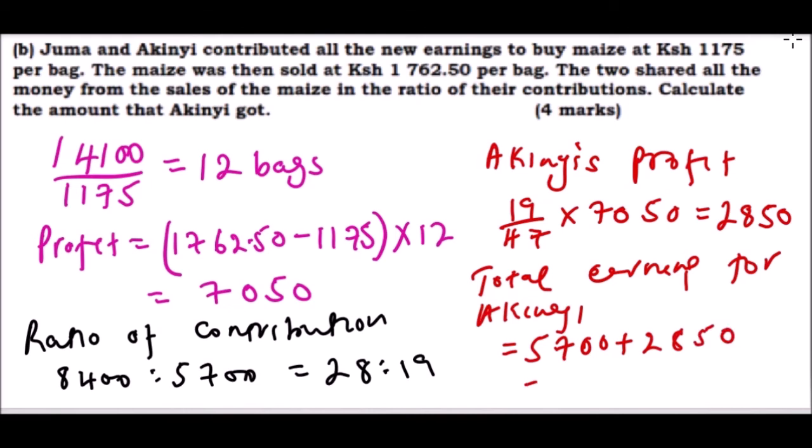When you add that, she got Kenyan shillings 8,550. So that is the total amount that Akinyi got after they did that business, and that is how you get 4 marks. And when you total with 6 marks of part A, you get 10. This is a question you can manage to get the whole 10 marks very easily.